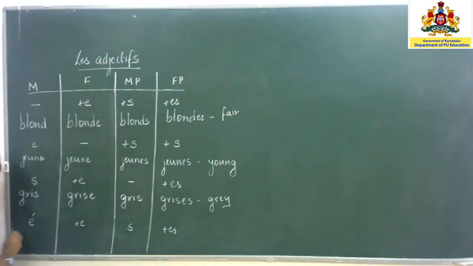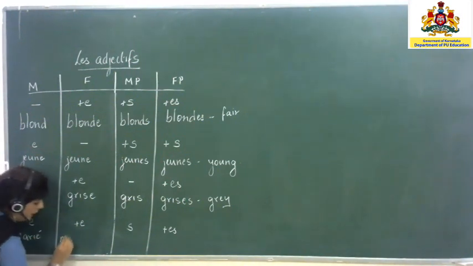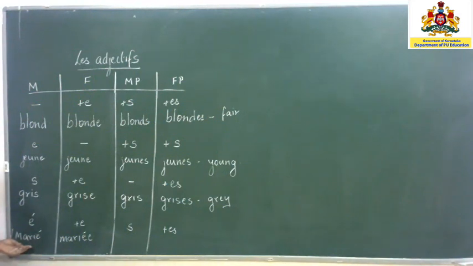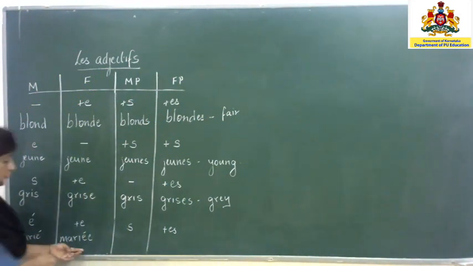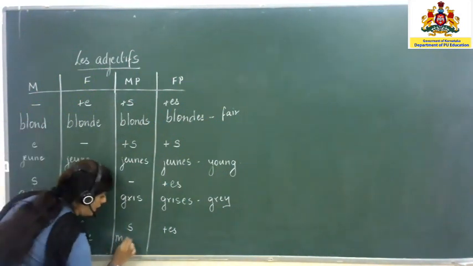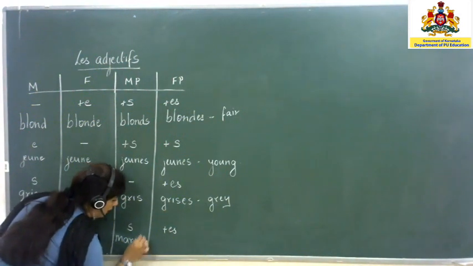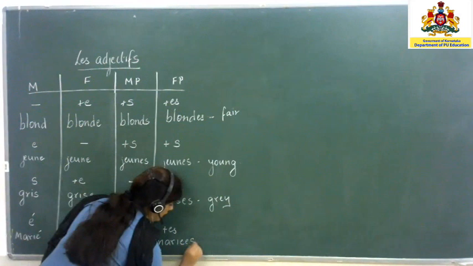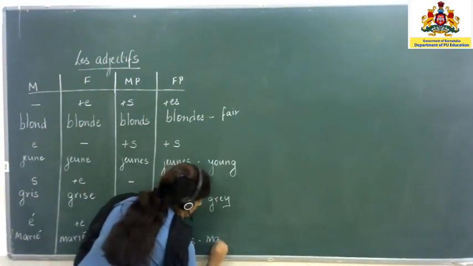Let's see an example like marié, married. Marié, feminine. If a boy says, I am married, je suis marié, a girl says it with an extra E. We are married, mariés with an S, and mariées, meaning married.